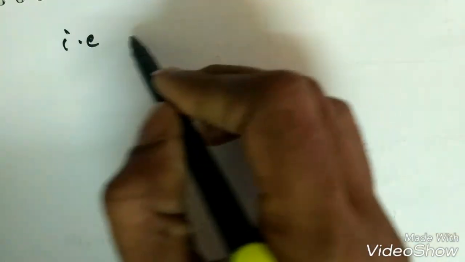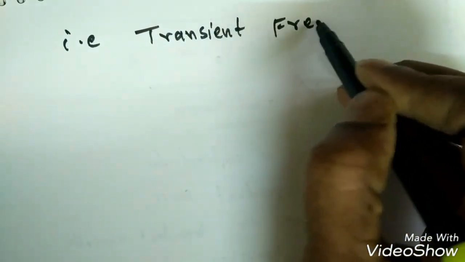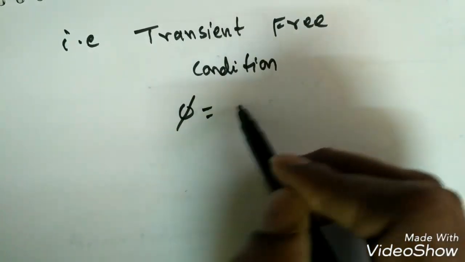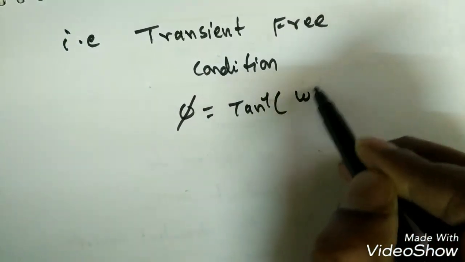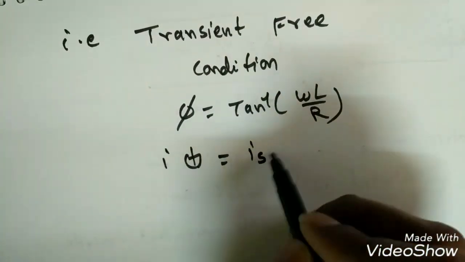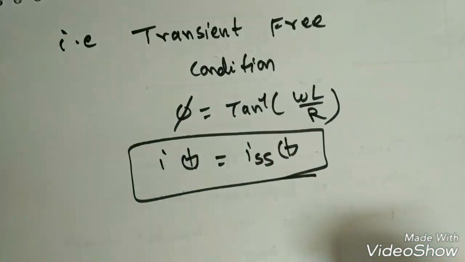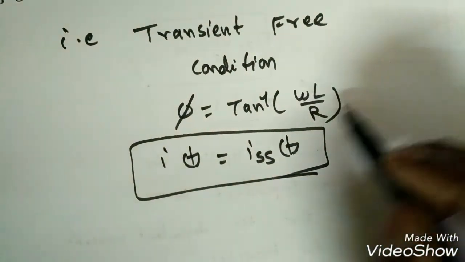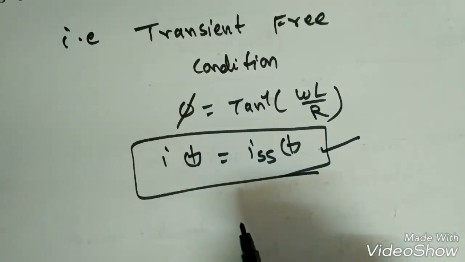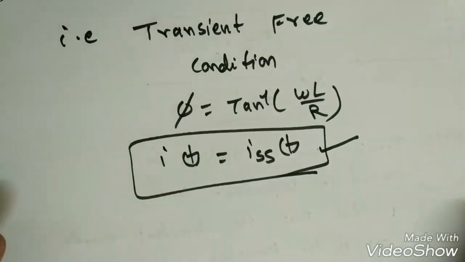The transient free condition is when phi is equal to tan inverse omega L by R, then we will get i of t equal to only the steady state response. Right? So this is the steady state response. Only steady state response we will get when phi is equal to tan inverse omega L by R. Right? So this is about the AC transient for RL network.